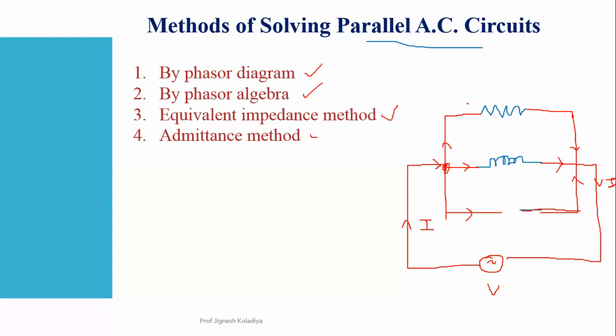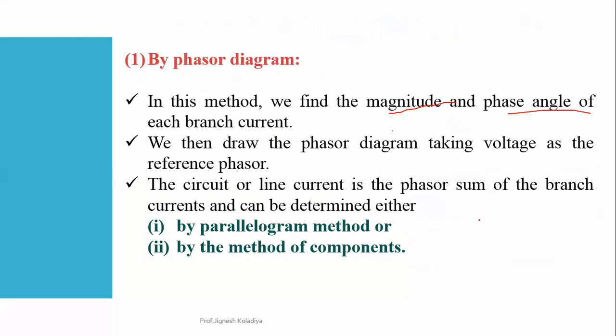So we have I1 which is passing through resistance and I2 which is passing through inductor, and you have to find the magnitude and phase angle of both these currents. And if you connect the capacitor again, the third component of current is I3, and you have to find the phase and magnitude of that branch current also.